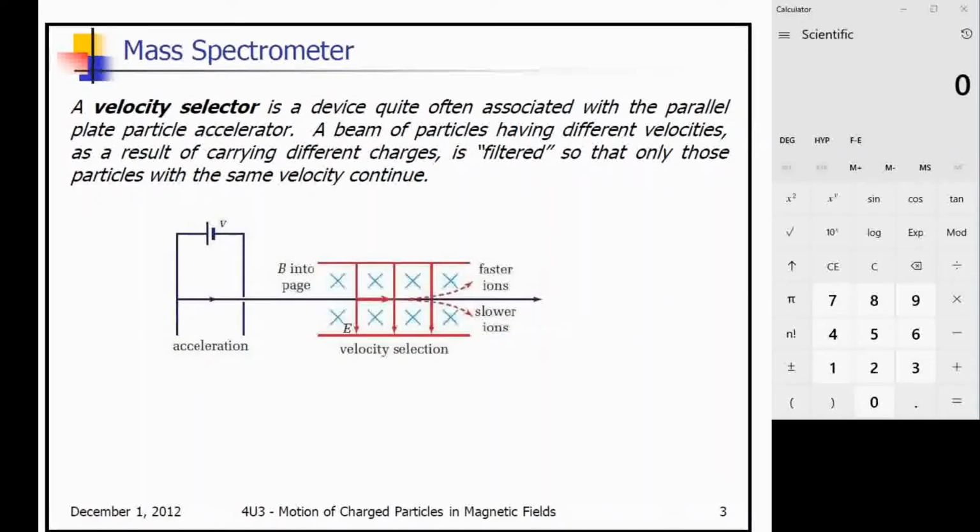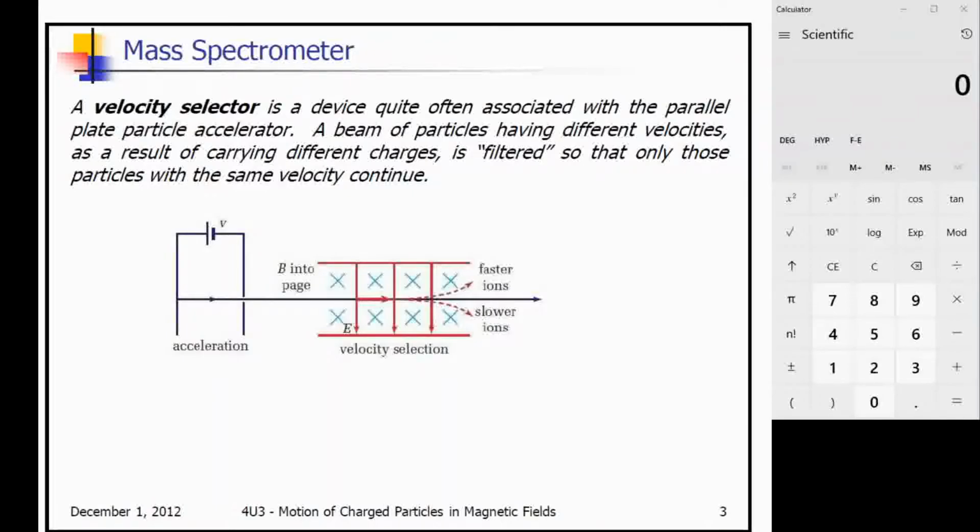So this velocity selector is a device quite often associated with a parallel plate particle accelerator. A beam of particles having different velocities is filtered so that only those particles with the same velocity continue. Basically, this filters out the particles so that we have only one velocity coming through. This helps us come up with a consistent force, because if we look at our Fm equation, the magnetic force equation is Fm equals QvB.